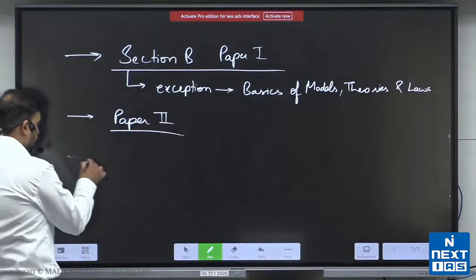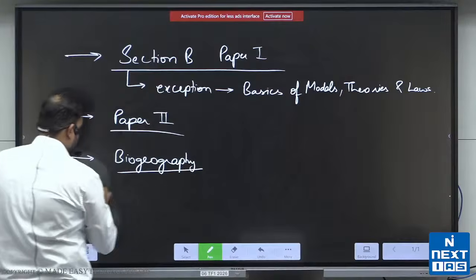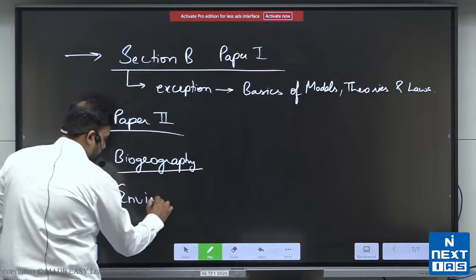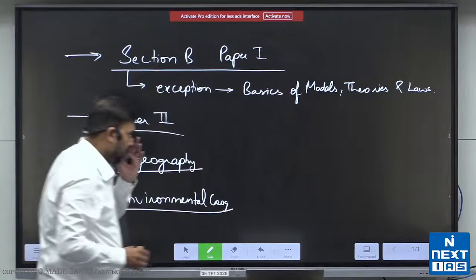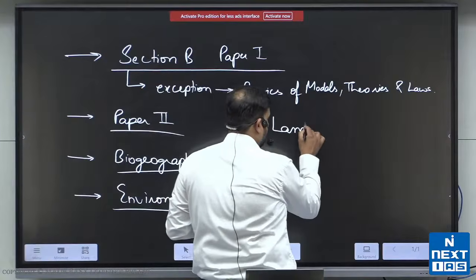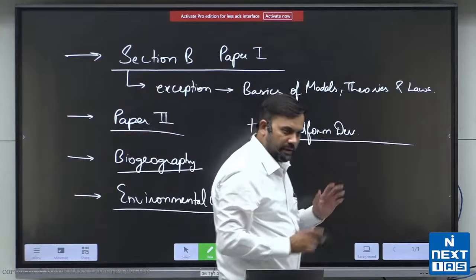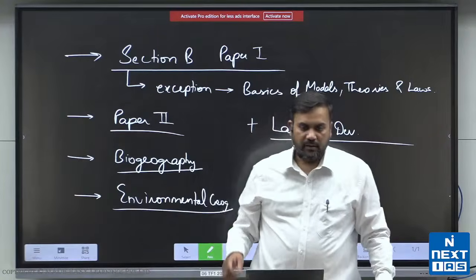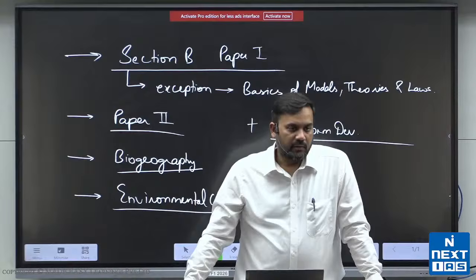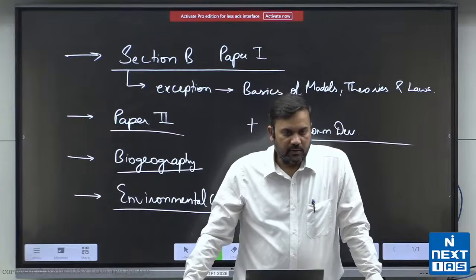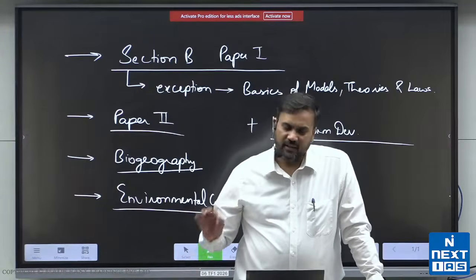Then if you talk about certain areas like biogeography and environmental geography, plus your landform development, geomorphology, that part, in which there are a number of topics: factors controlling landform development, endogenetic and exogenetic processes, slope development, concepts of cycle of erosion and landscape development, denudation chronology, erosion surface, channel morphology. ये सारे के सारे chapters, ये सारे के सारे topics मैं इतने अच्छे से क्लास में करवा दूंगा.